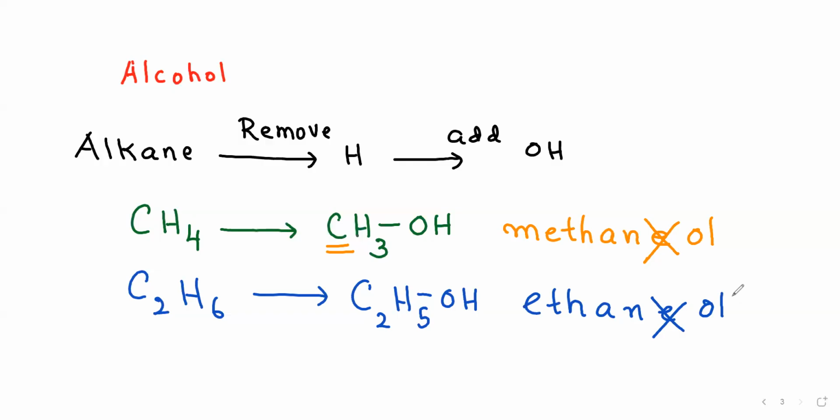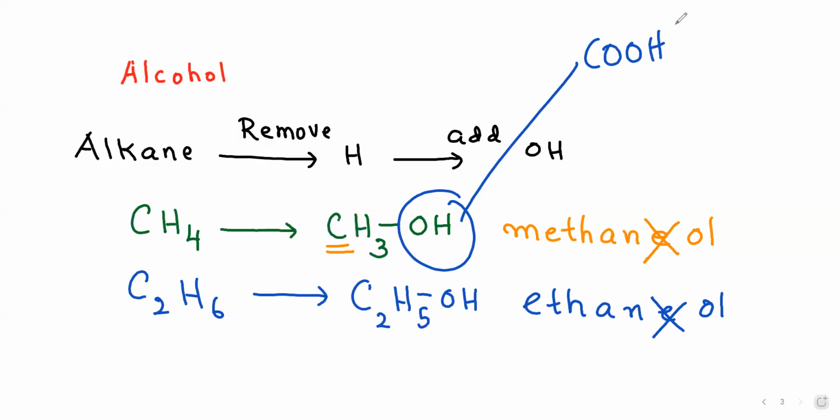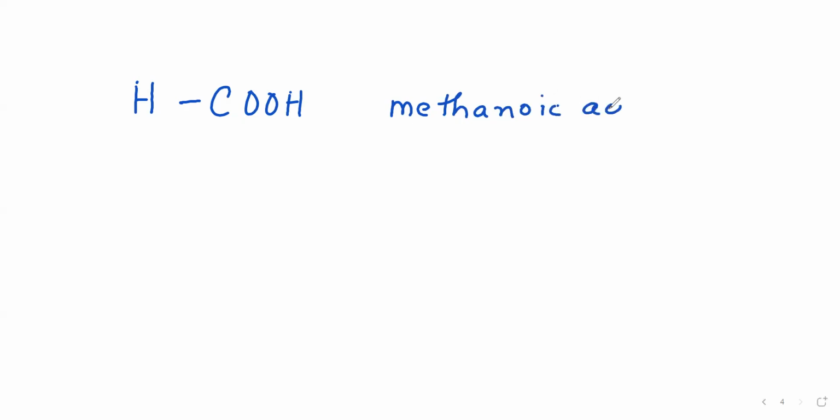And instead of OH, if we add COOH, you will get the corresponding acid. The problem with this is the carbon is already present in the functional group. So what is the simplest acid possible? COOH connected to H. This is called methanoic acid.